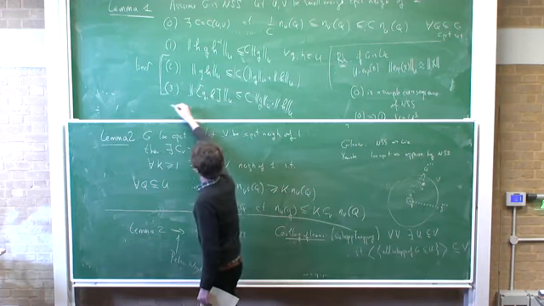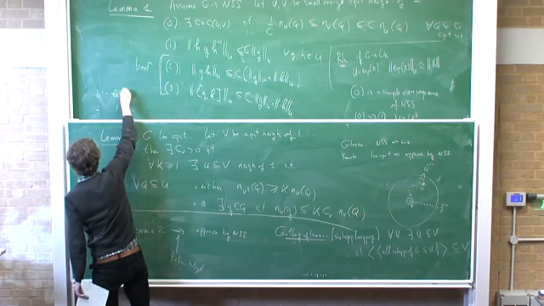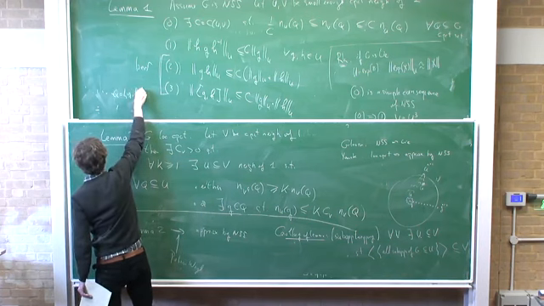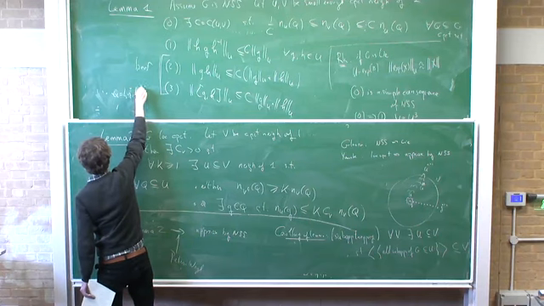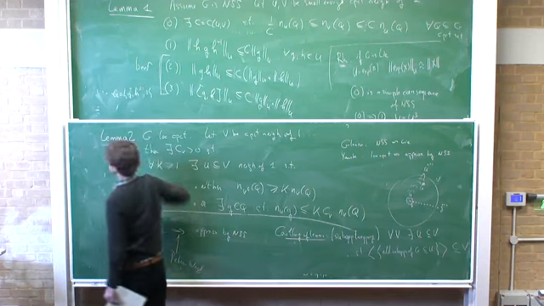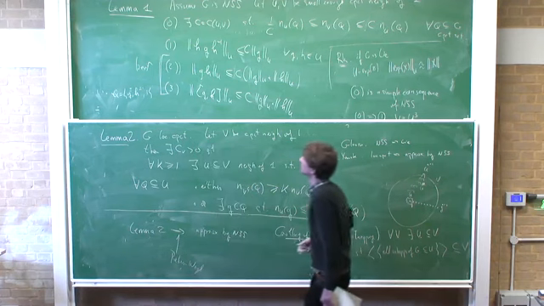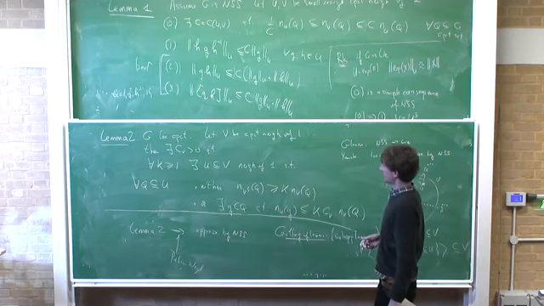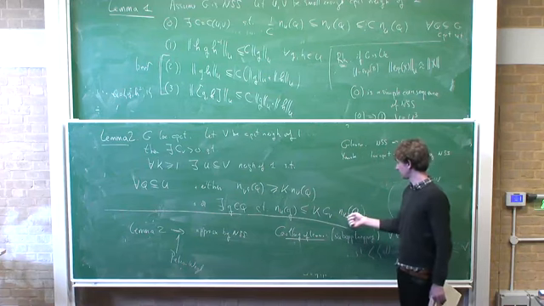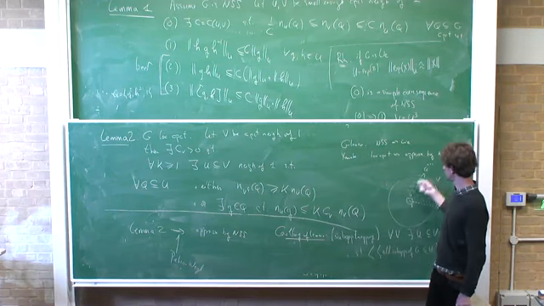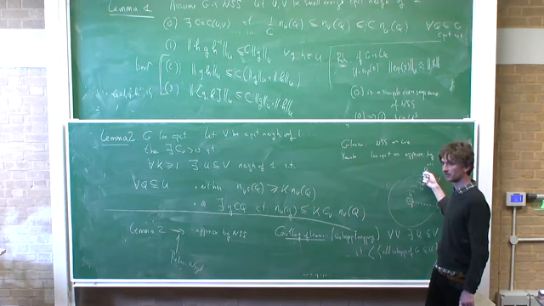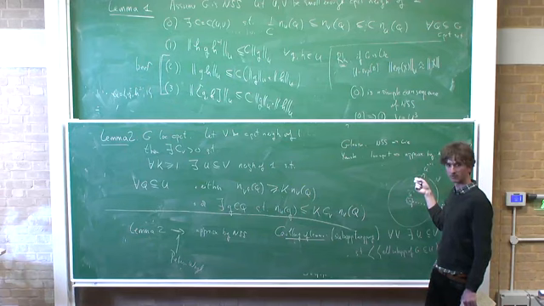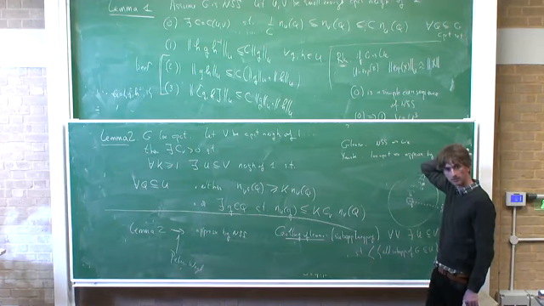Because you can take Q to be just the pair G, H. And it says that if there is a word in G and H that escapes at a given time, then either G or H will escape at the same time. It will not take much longer to escape.